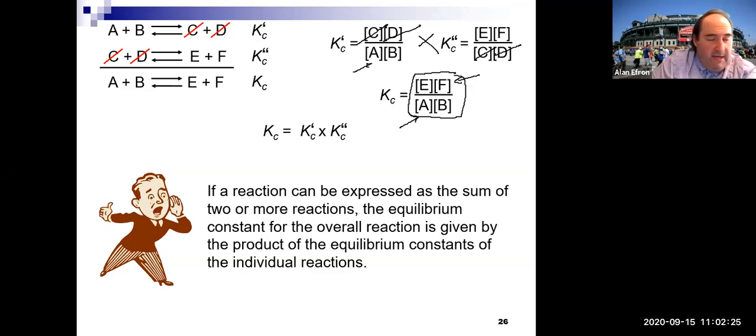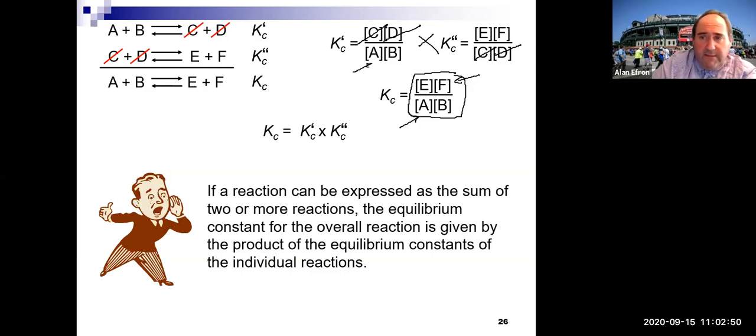If there's three reactions, you multiply all three K values together. So if you are adding two equations, three equations, however many equations together, and they all come together to form an overall reaction, the overall reaction's K value can be found by multiplying all the individual K values together. So we're not adding the K values, but multiplying the K values.